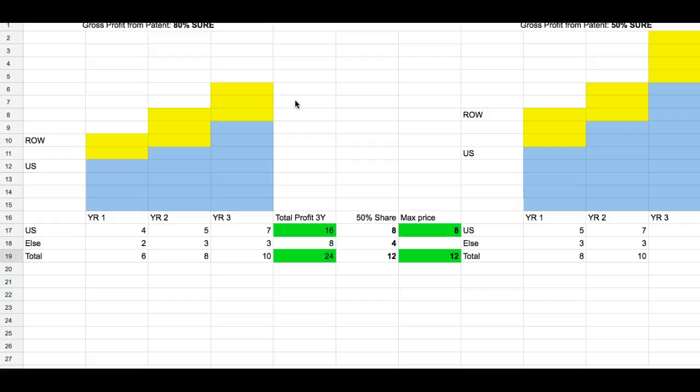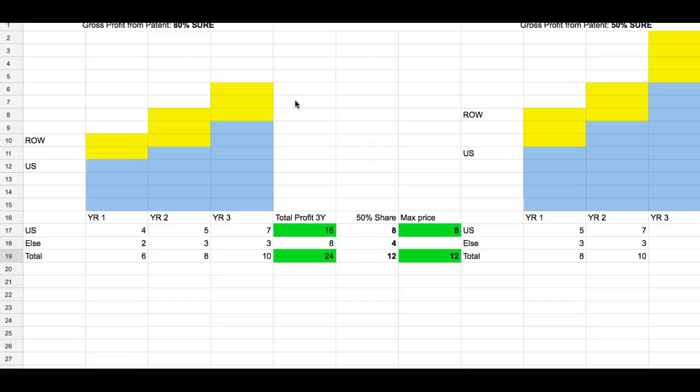What's your next question? The next question is, okay, 24 million, I can sell. But what is the max price of 12 million? If I would agree to a max price, and if I would share profit, then the maximum price that I would pay, if 50% share is the maximum, is of course not more than sharing profit.